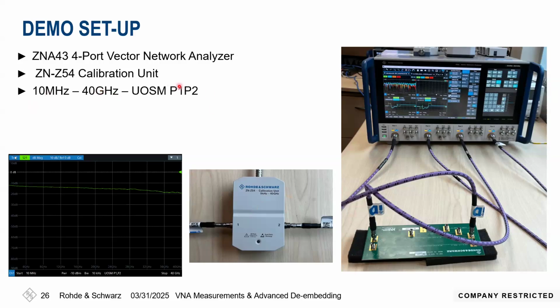I have calibrated port 1 and port 2 using the UOSM calibration, which is unknown through, open, short, and match. And you can see over here, we have a cal indication. That means our active channel is UOSM calibrated between port 1 and port 2.